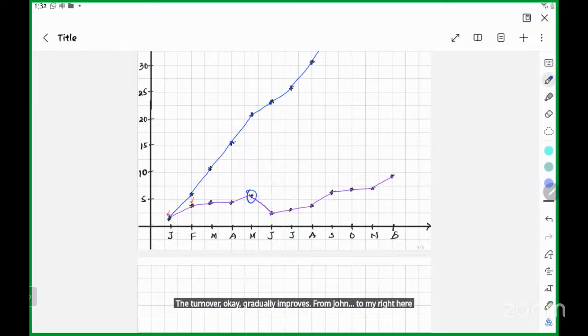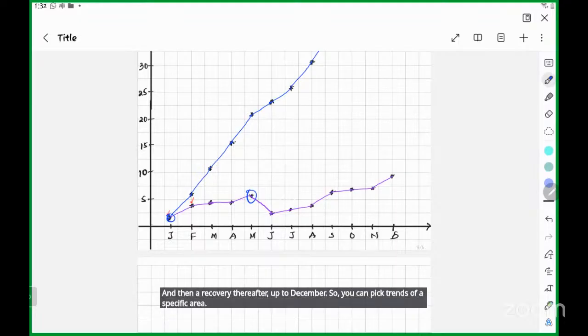You see that? And then there was a drop between the month of May and June, and then a recovery thereafter up to December. So you can pick trends of a specific area, okay?